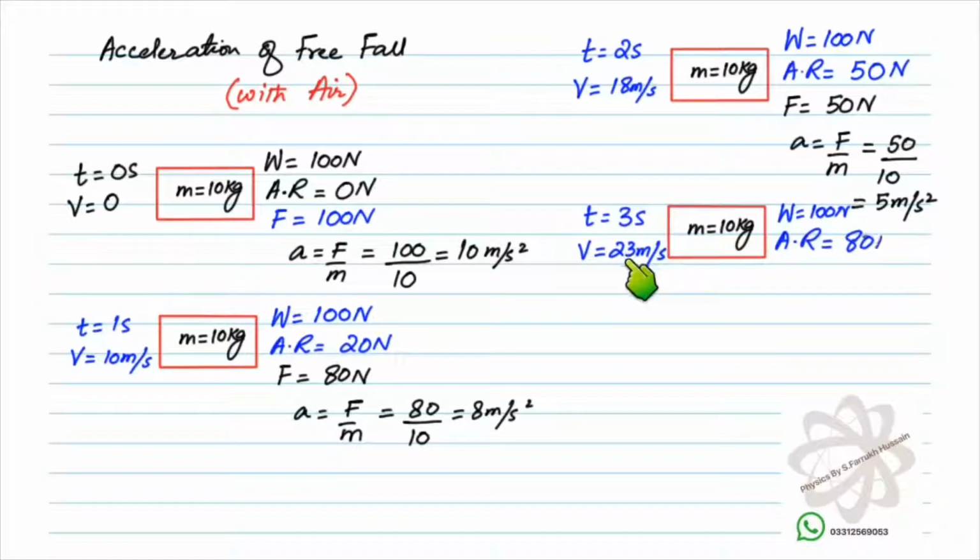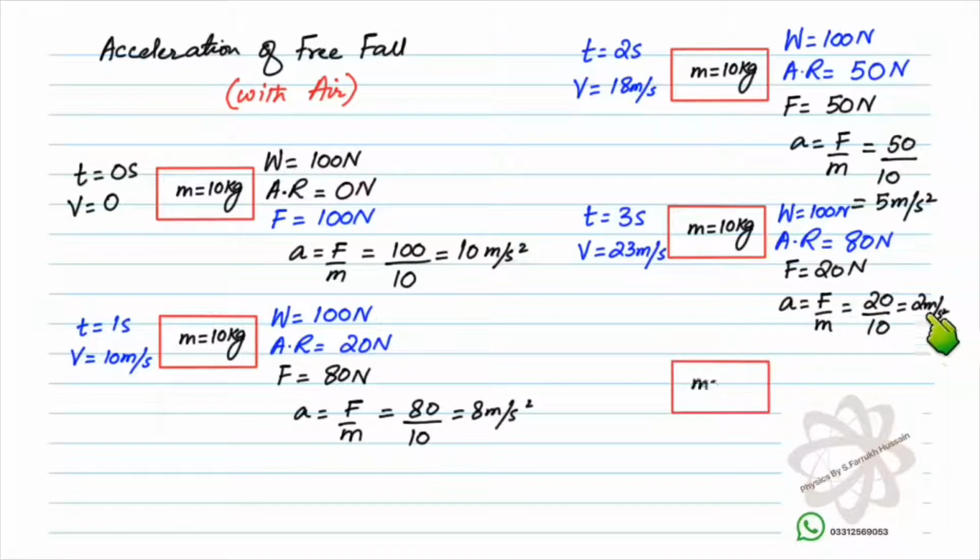At this time the increase in velocity is 5 meters per second, and due to increase in velocity, air resistance is also more, which is 80 Newton right now. So acceleration is 20 divided by 10, because resultant force is 20. There is acceleration but less than the previous one. There will be increase in speed but less than the previous one.